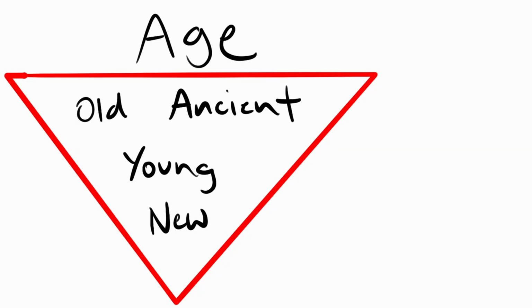So anything dealing with a measure of dimensions would be an adjective of size. Not all measurements though, because the next category are adjectives of age. So adjectives that are dealing with measures of time, whether something is young or old, ancient, brand new. These are adjectives of age.